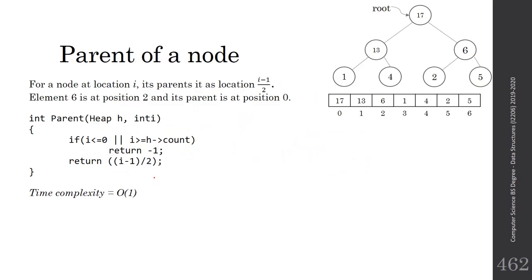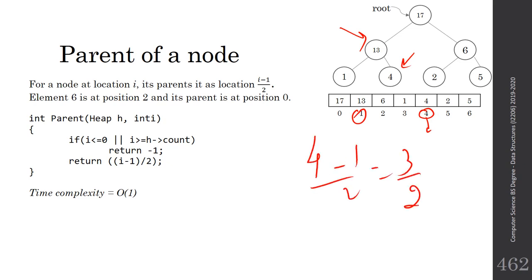So we have some properties in this heap. For example, I can find the parent of a node. If I have here 4, we know that it's at index 4. I need to find the parent, which is at index 1, holding 13. So how can I find that? I have the index, which is 4. I do (4 minus 1) over 2. So 3 over 2, and we know that we have a division of integers here, so the answer would be equal to 1.